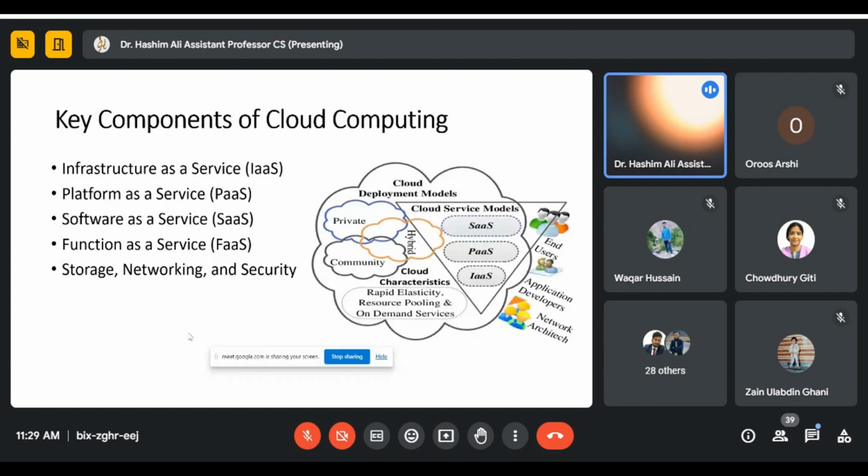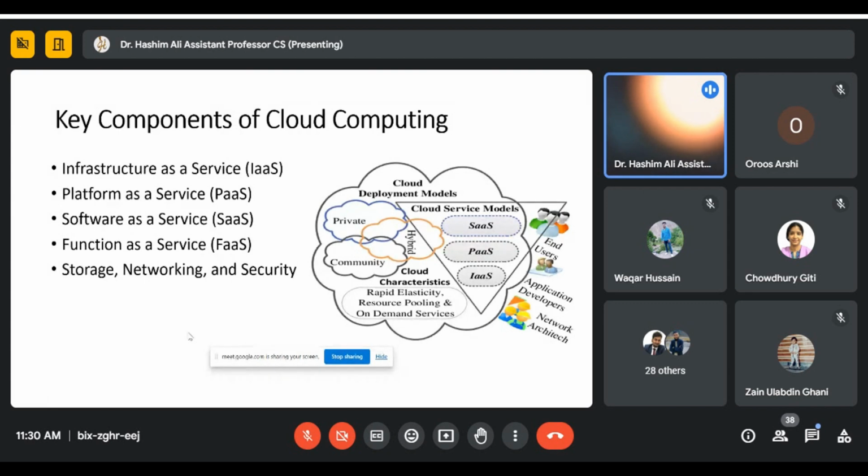Another service provided by the cloud service model is software as a service, in which different applications are available over the internet, on a subscription basis. For example, you are using Netflix or any other available resources as software.